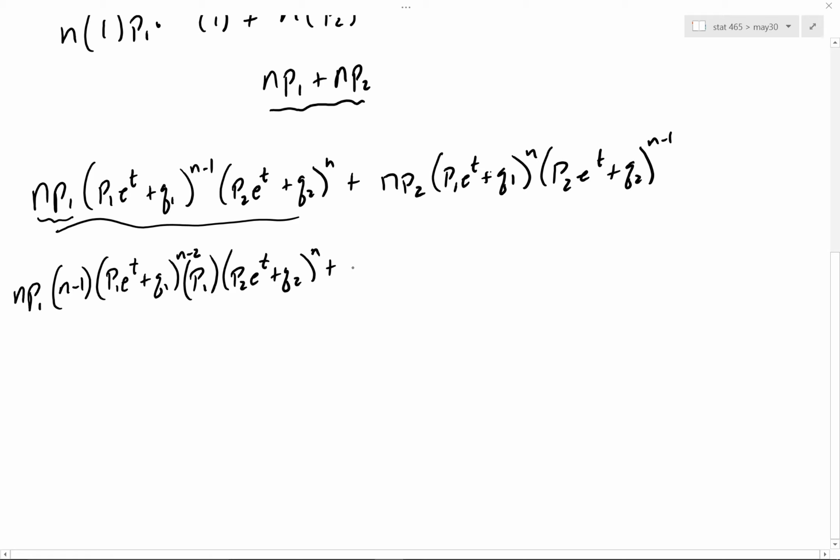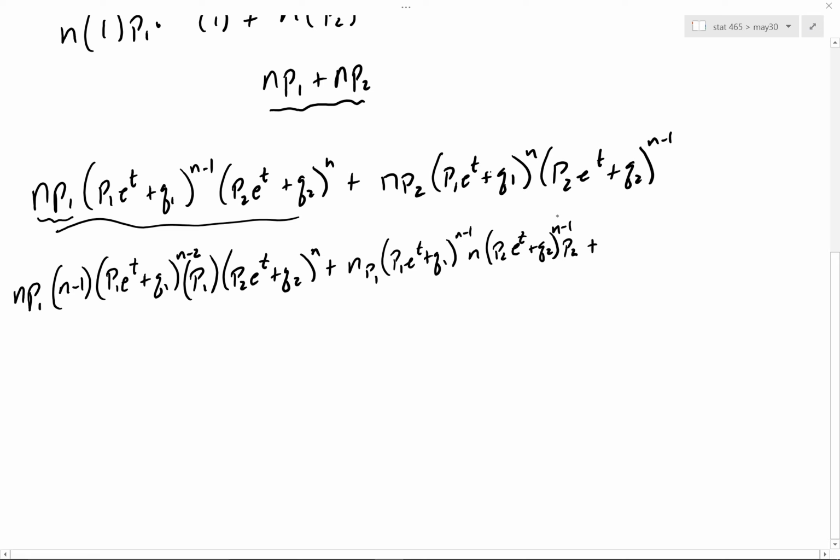So then it's again the np1 doesn't change, the first one doesn't change, and then times n p2 e to the t plus q2, n minus 1 times p2. Good grief.